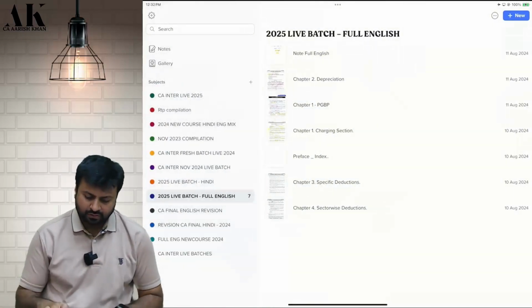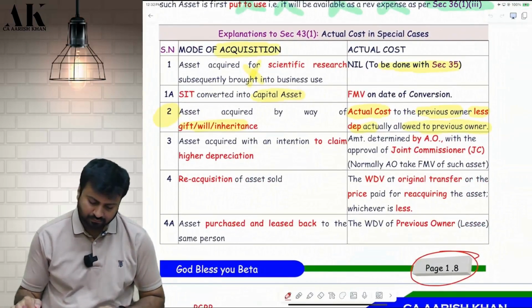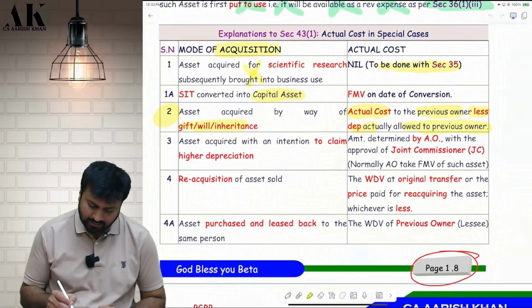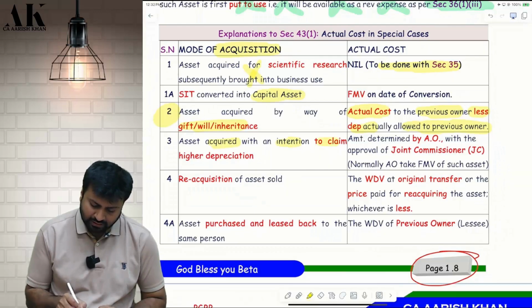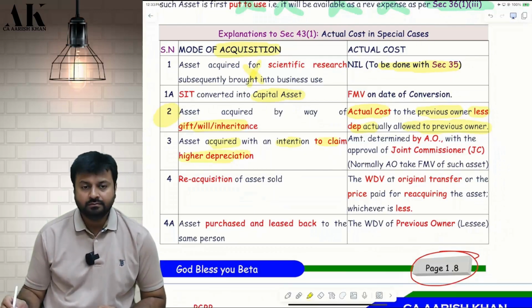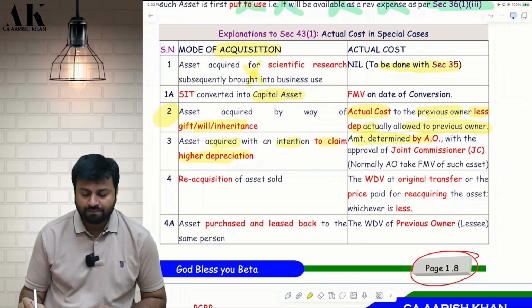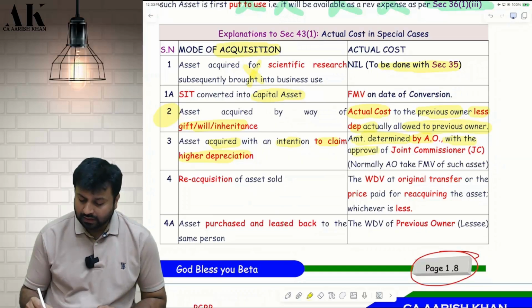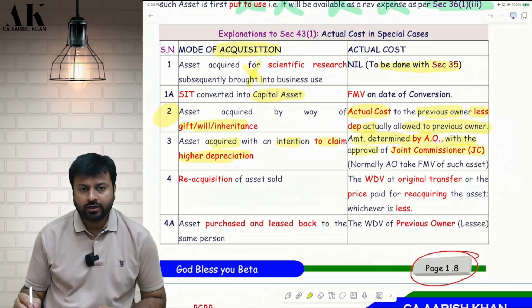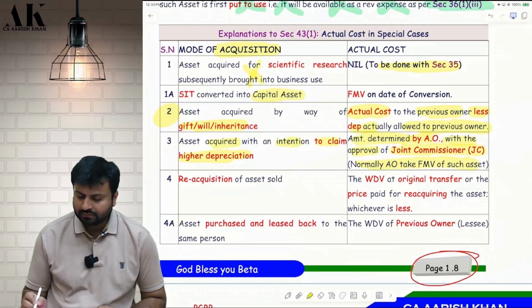So if you read this from your book, see here, asset acquired with an intention to claim higher depreciation. What will be the actual cost? Amount determined by the AO with the approval of what? Joint commissioner. And normally the AO takes what? Please tell me.